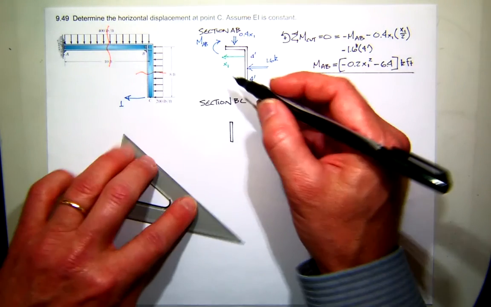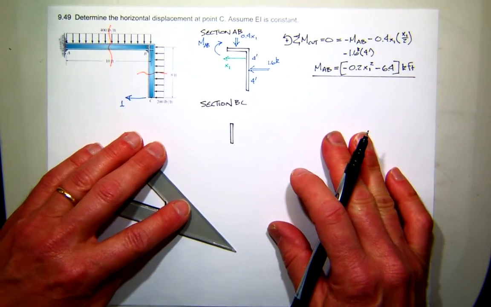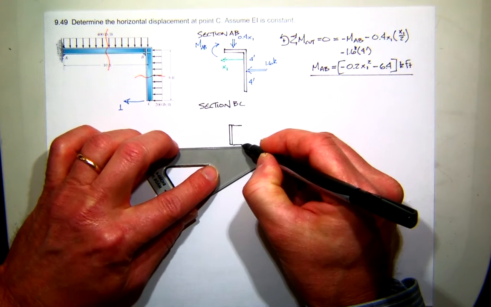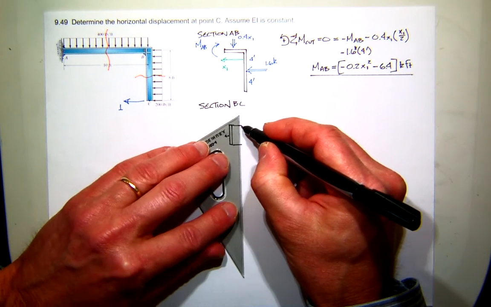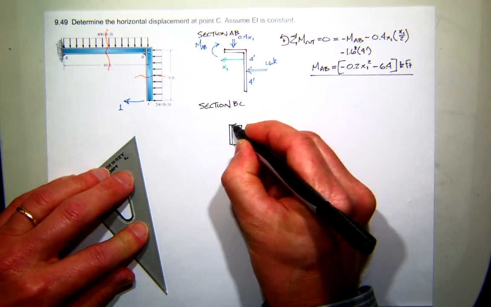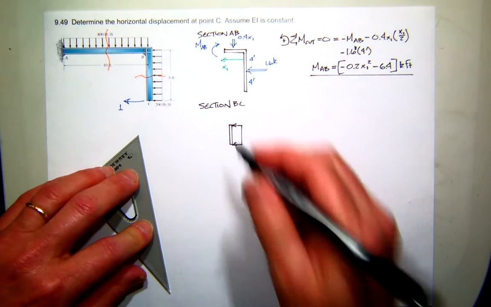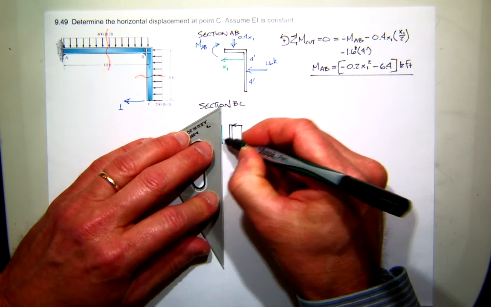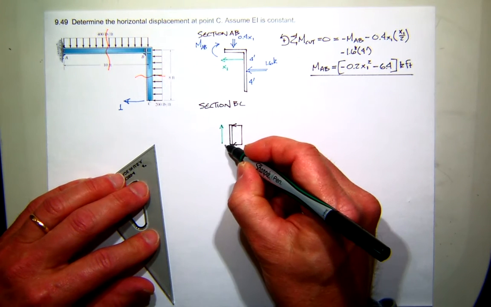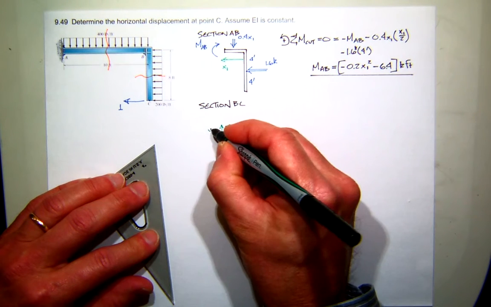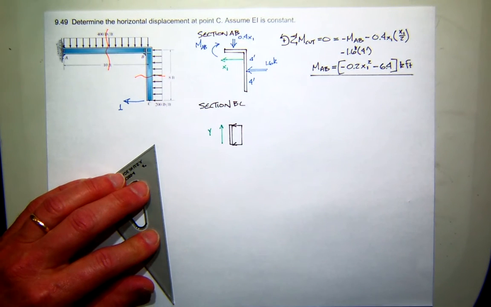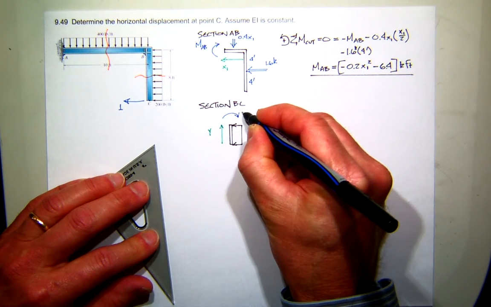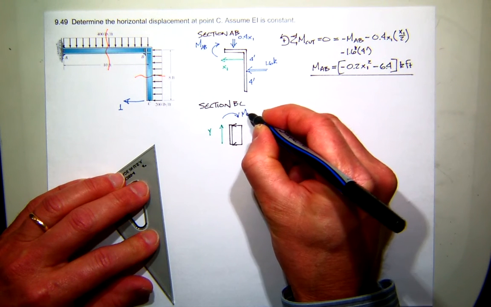This time, unlike up here, I'll go ahead and sketch in the distributed load that we know is there. I will assume that section varies from 0 at the tip up, and we'll call that y. And then I'll assume a positive bending moment in this direction.